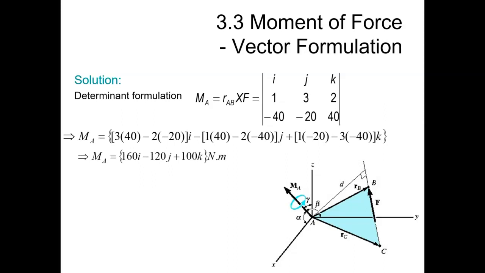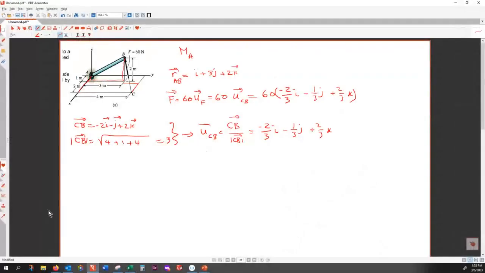So the very same problem. Now that we have both components calculated, we want to find M. So M is equal to the determinant with i, j, k, and then the components of r go here. The components of r are 1, 3, 2, and the components of F are minus 40i, minus 20j, plus 40k.